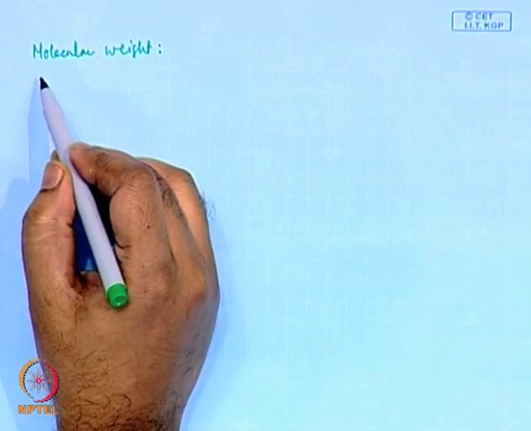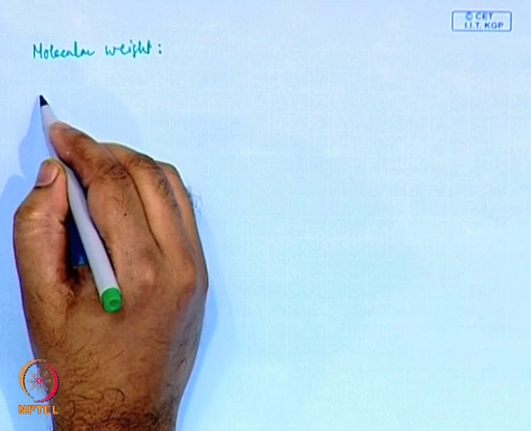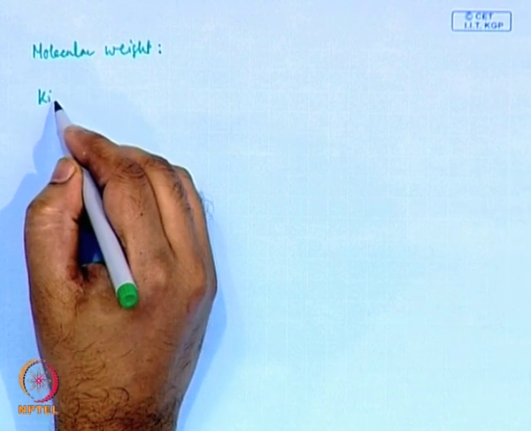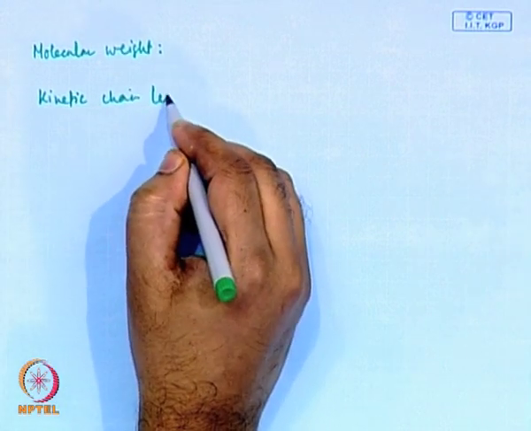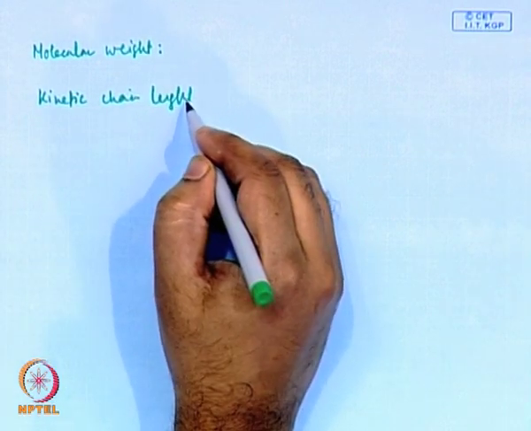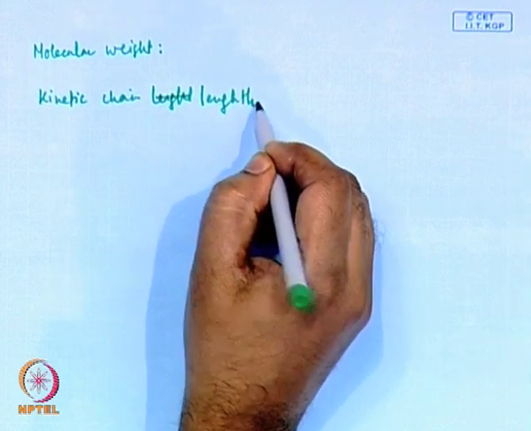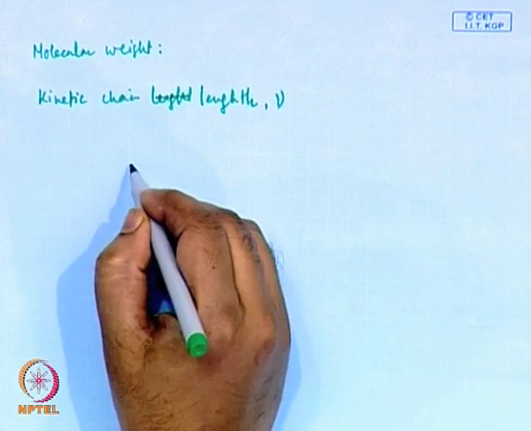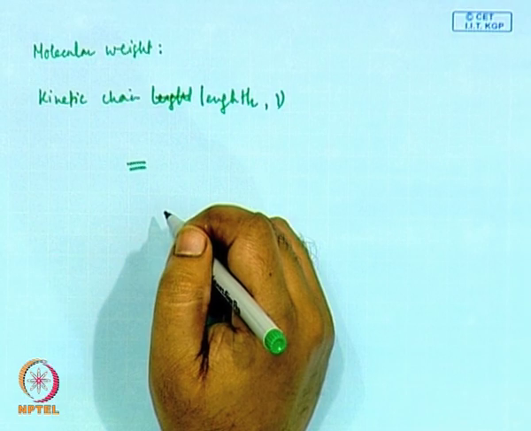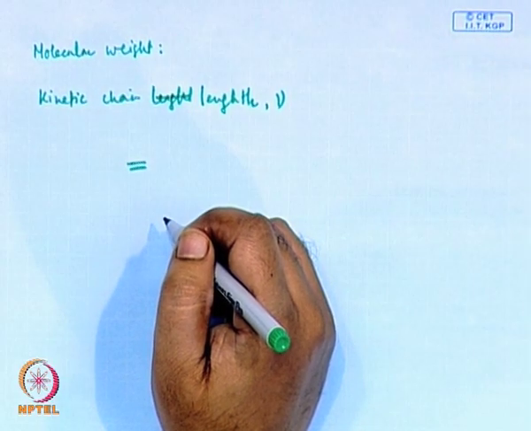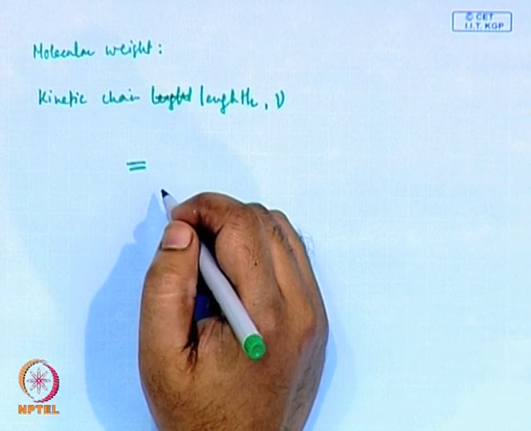Now, to start the discussion on molecular weight, we define a term called kinetic chain length, nu, which is the number of monomers polymerized per each radical that initiated the polymer chain.